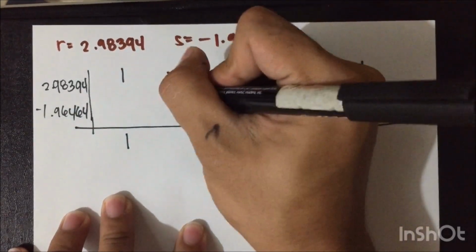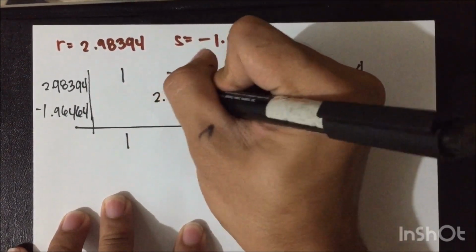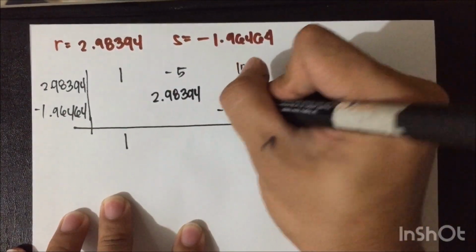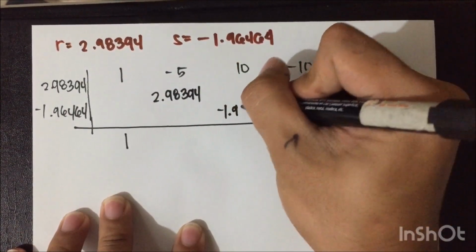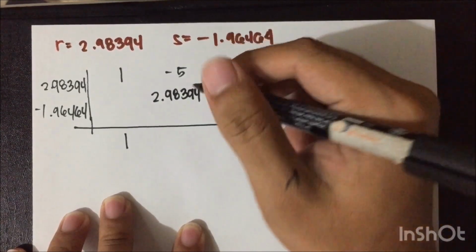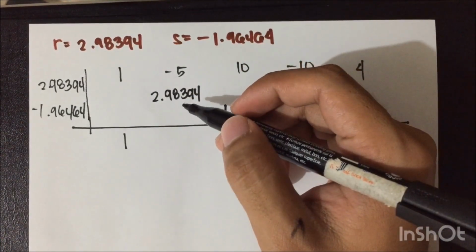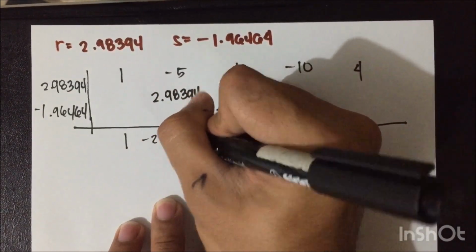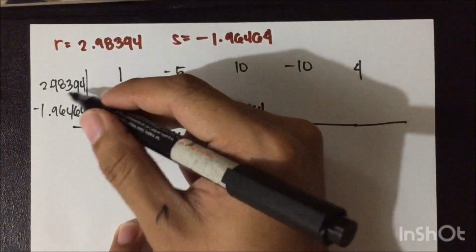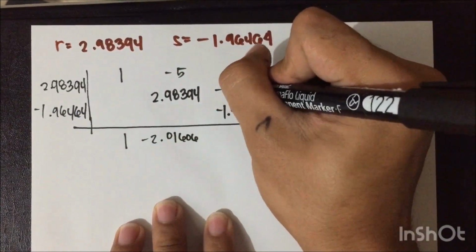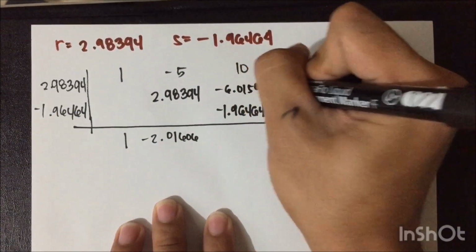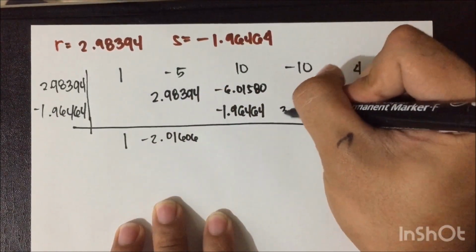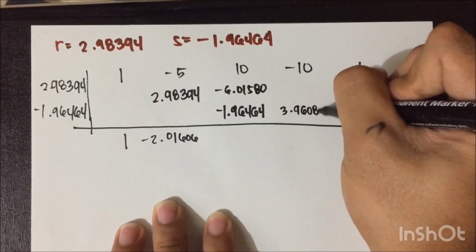1 times the value of R is 2.98394. And times the value of S, we have negative 1.96464. So, the sum this value is negative 2.01606 times the value of R, we have negative 6.01580 times the value of S, we have 3.96083.